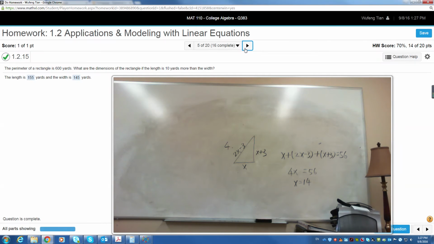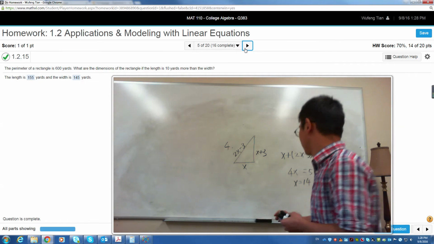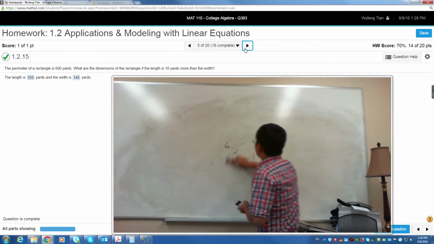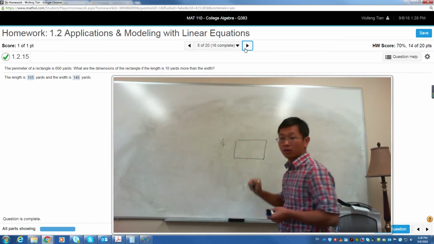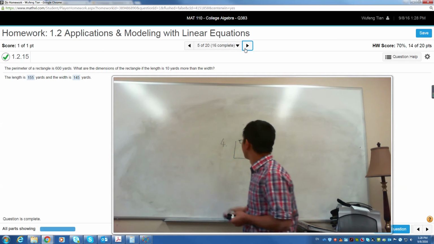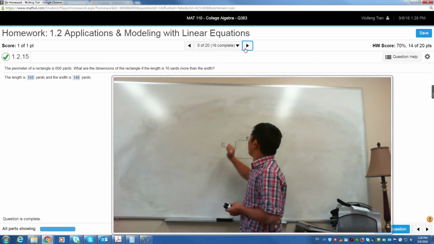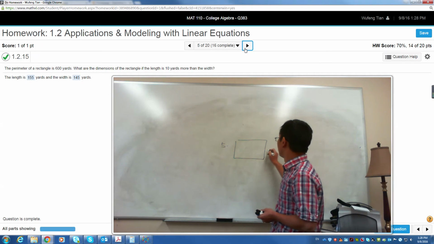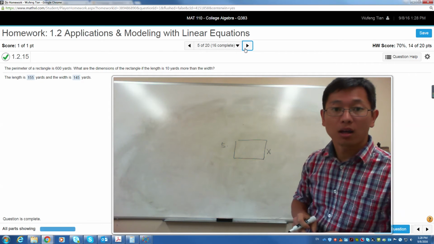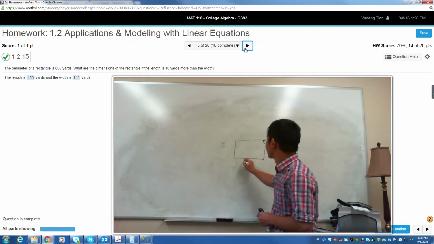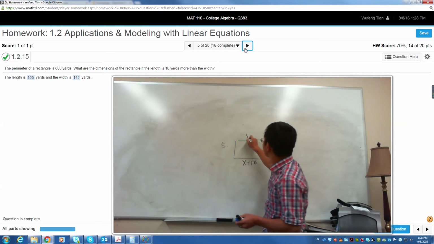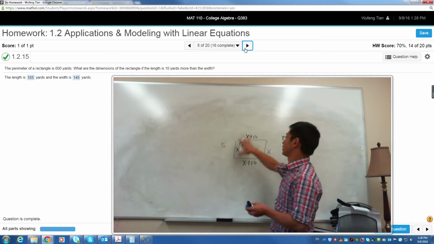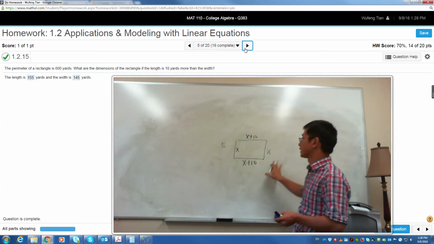Next one. The perimeter of a rectangle is 600 yards, and the length of the rectangle is 10 units more than the width. So you have a rectangle. Suppose the width is x, then the length is 10 more than the width, so it's x plus 10. The perimeter is 600 yards, so add all four sides together equals 600.